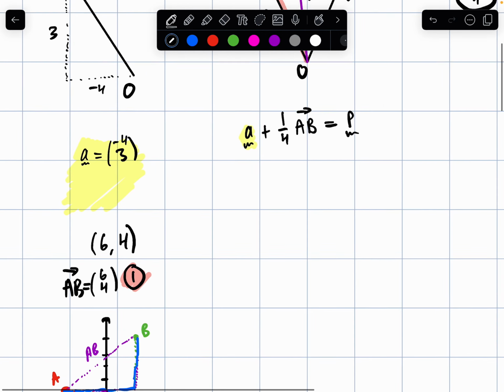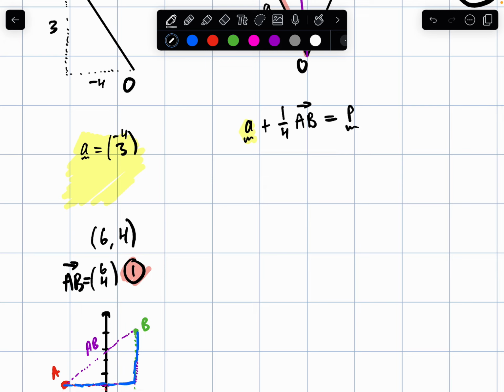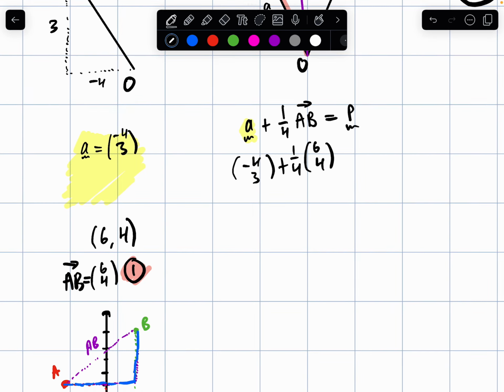So we sub in, A is -4, 3, plus 1 on 4, and AB we said is 6, 4, equals P. Now to get this fraction away here, we just put it inside the bracket.